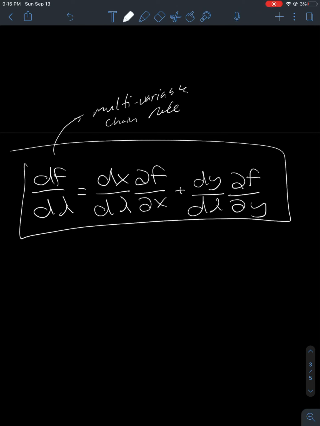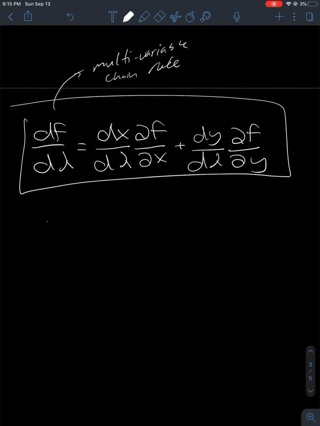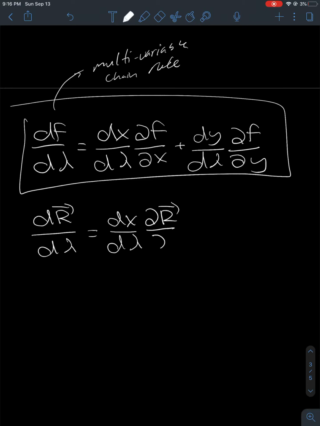And since basis vectors are partial derivatives, you can do something similar to it, right? You can say that a tangent vector in this case, dr over d lambda, equals dx over d lambda times partial r over partial x plus dy over d lambda partial r over partial y.